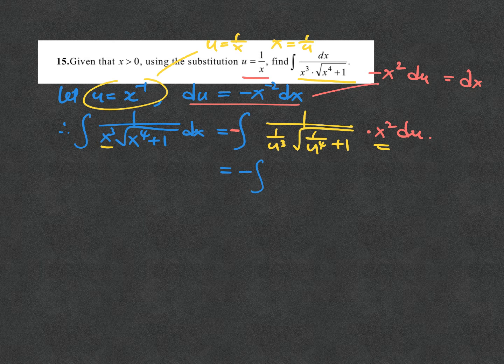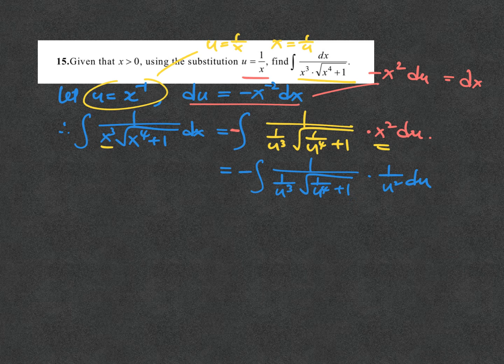So as a result, we need some more steps to simplify it, where 1 over u cubed square root of 1 over u to the power 4 plus 1 multiply to x squared. We use the same way, it turns to 1 over x squared, not x squared, it should be u squared, and then du.